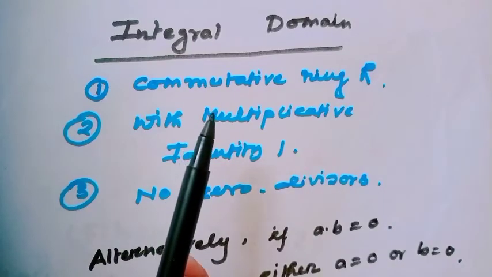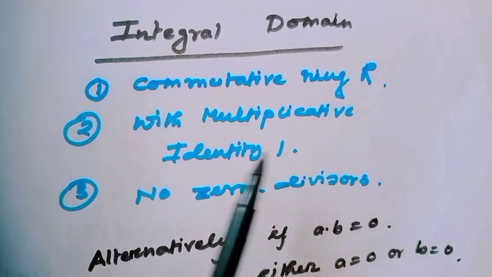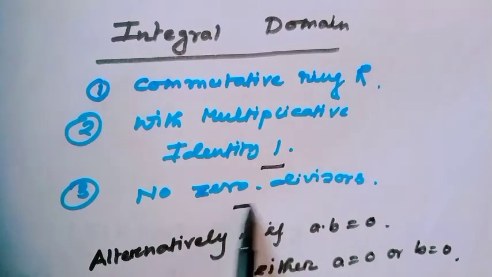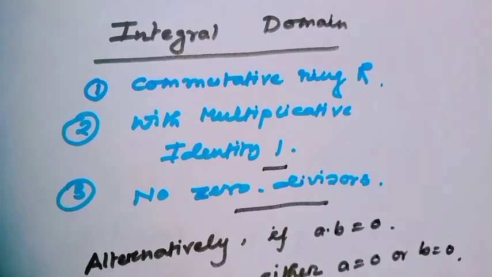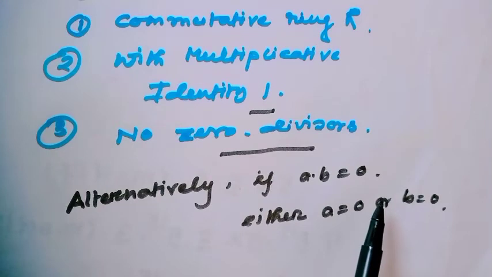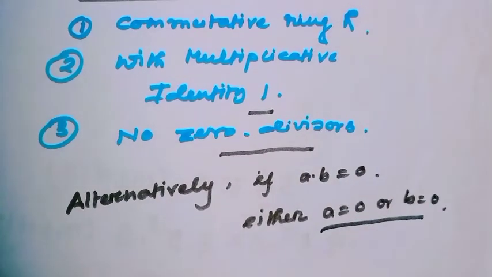An integral domain is actually a commutative ring R with multiplicative identity 1 which has no divisor of 0. Alternatively, if a·b equals 0, that implies either a equals 0 or b equals 0.